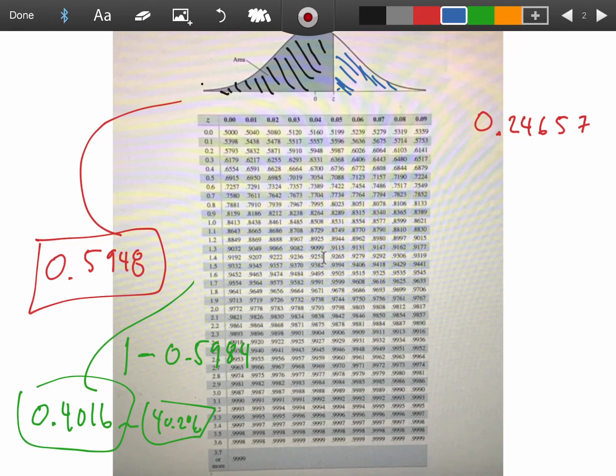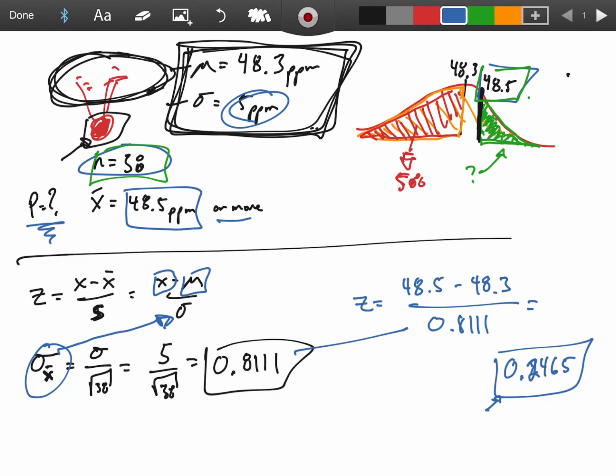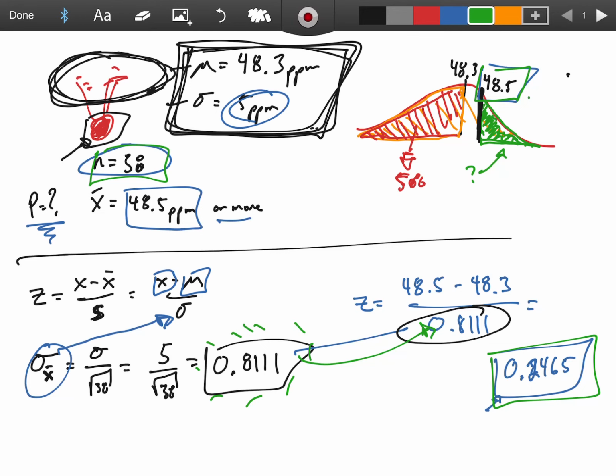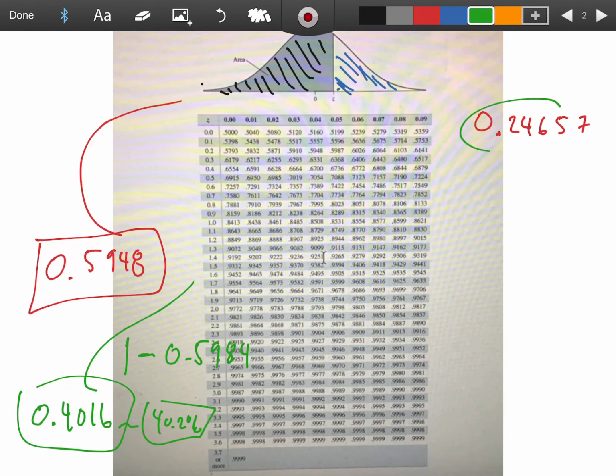The other thing that you might be careful of is that this number here is technically a rounded value. So if you can store this number in your calculator and then use that stored number, you'll get a more accurate z-score, and that might be important when you're looking for the value in this table, okay?